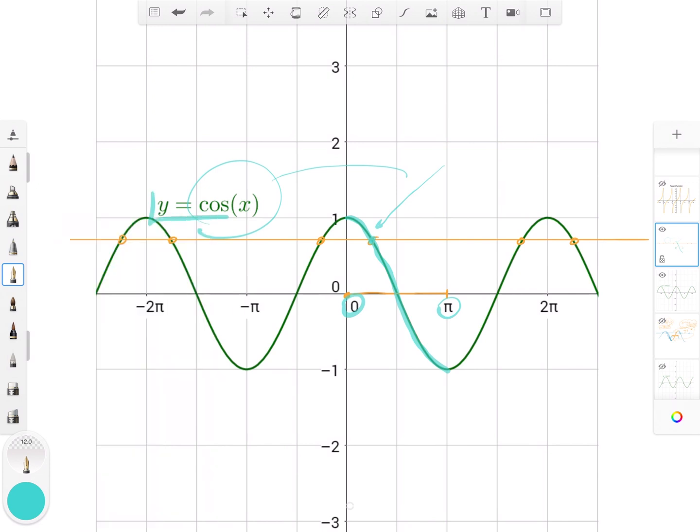So y equal to cosine of x means x is going to be cosine inverse of y. What do we know about x and y?